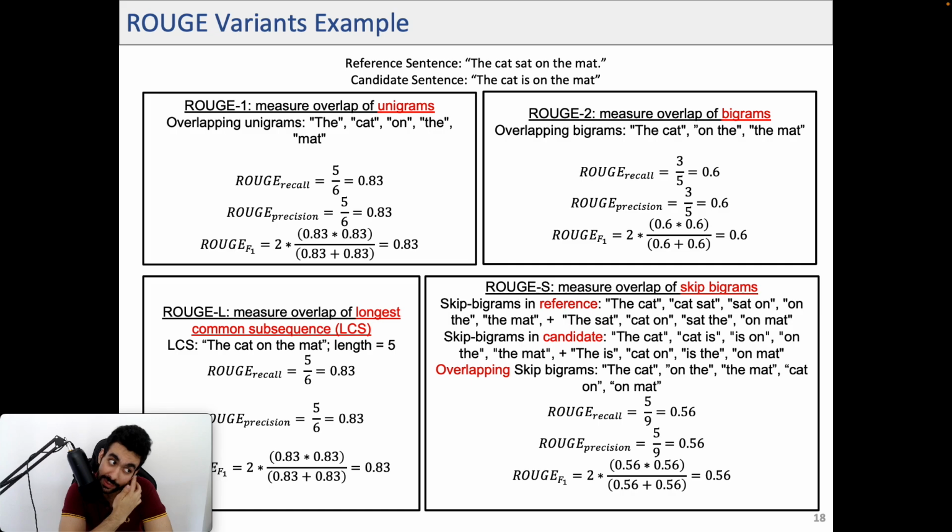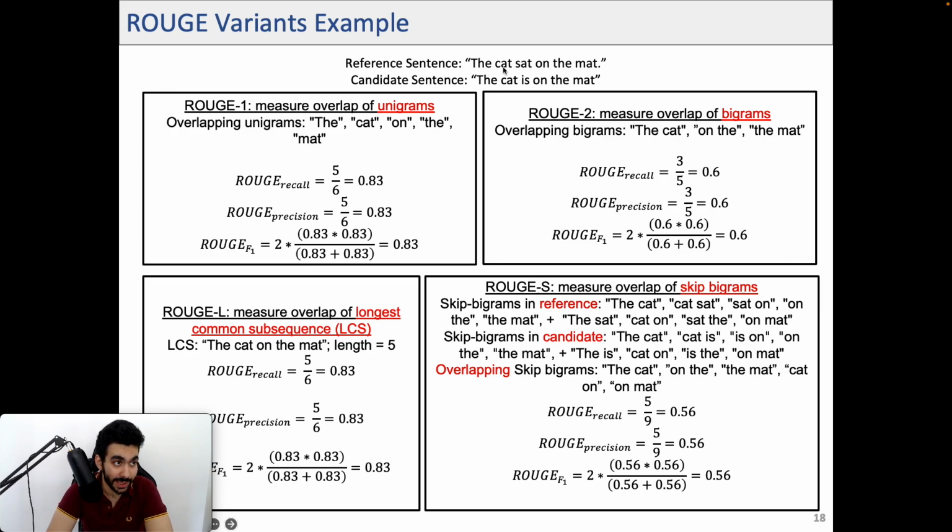Here, let's get what the skip bigrams in the reference are. To start, let's get the normal bigrams. It is going to be "the cat, cat sat, sat on, on the, the mat." But then we calculate the skip bigrams. What is that, more or less?